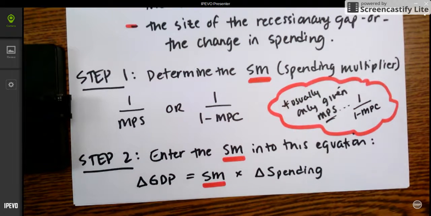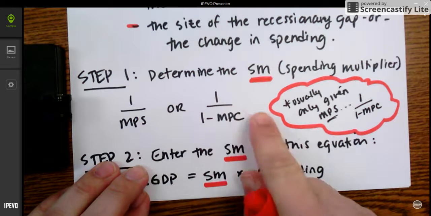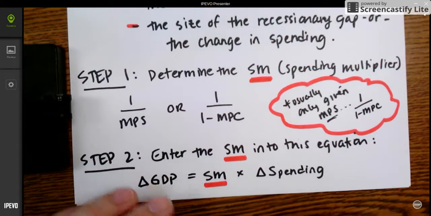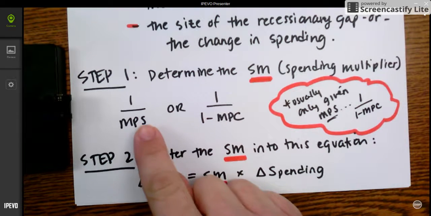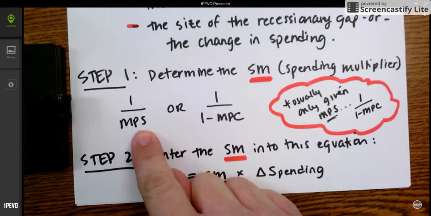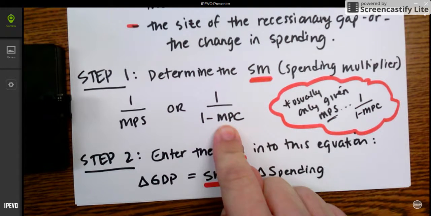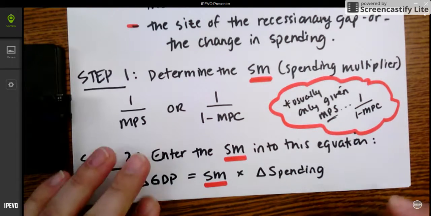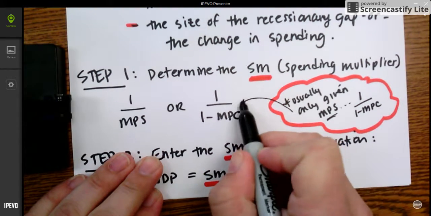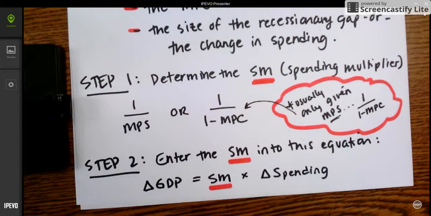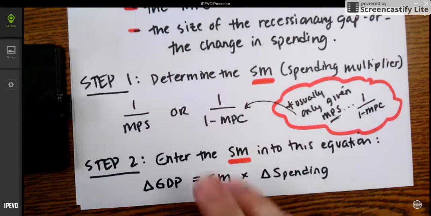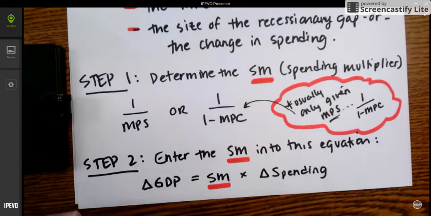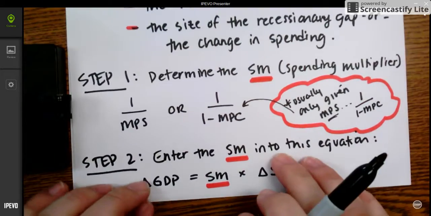Because remember, people either spend or save all of their income, 100% of their income. So a country's marginal propensity to save plus their marginal propensity to consume equals 1. So I bet you on most of the problems that you're going to have to do, you're going to have to do this second version of this. Most of them. Every once in a while, you're going to be given the MPS and you can just go forth with the problem.